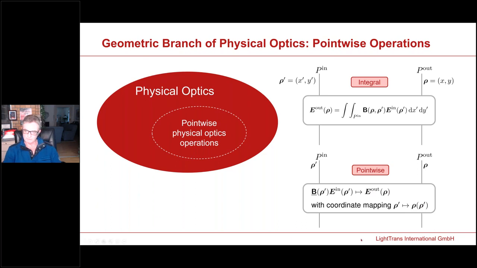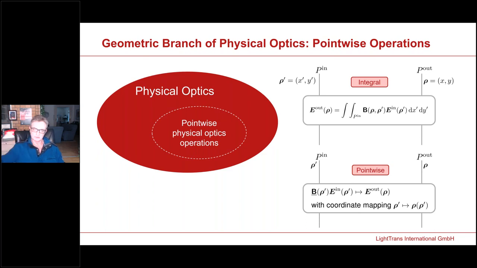And this can be done. It's sometimes also even in extended ray tracing, I would like to call it, it's already done. So this is not completely new to think in this way, but I like to continue this in a systematic way.